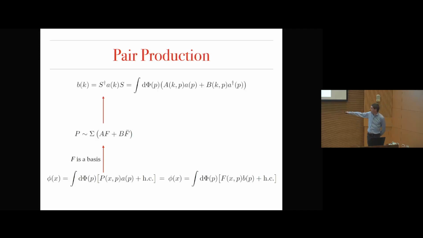If I use this equation in here and then gather the coefficient of F, the coefficient of F is B by definition. Then you'll find a relationship like this. So B, which is S dagger A S, is given by an expression, a sum over these Bogoliubov coefficients, the A and the B.